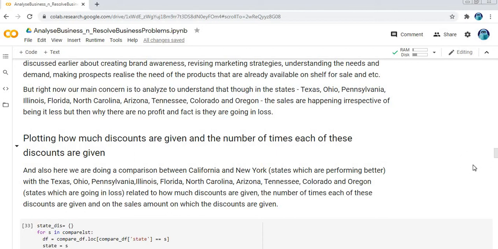We are also doing a comparison between California and New York, which are performing better, and all the 10 states which are going into loss, based on how much discount each of these 12 states is giving, including the 2 well-performing states, the number of times each discount is given, and on the sales amount. Also we will be plotting the sales amount on which the discounts were given. Okay, so let's move forward.